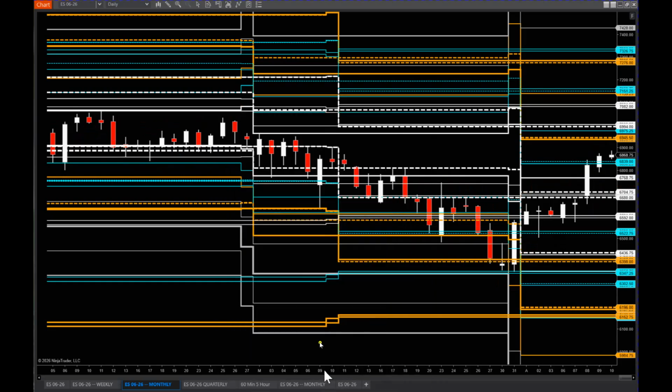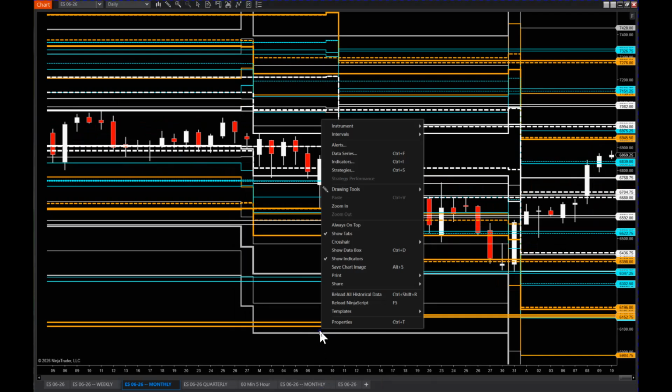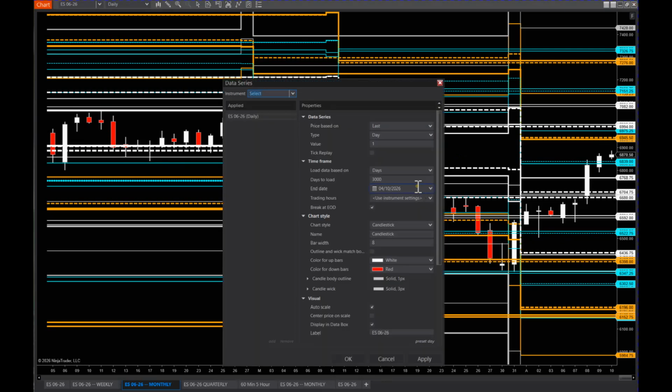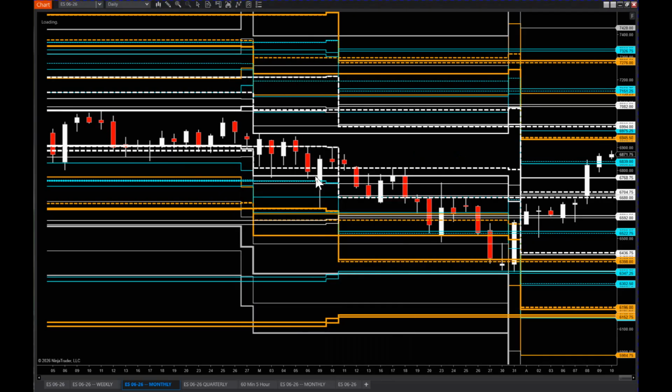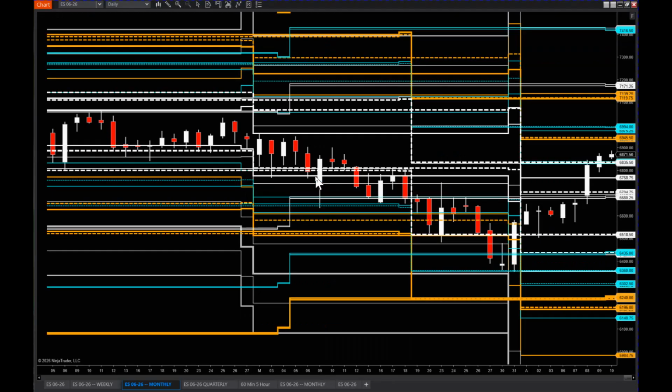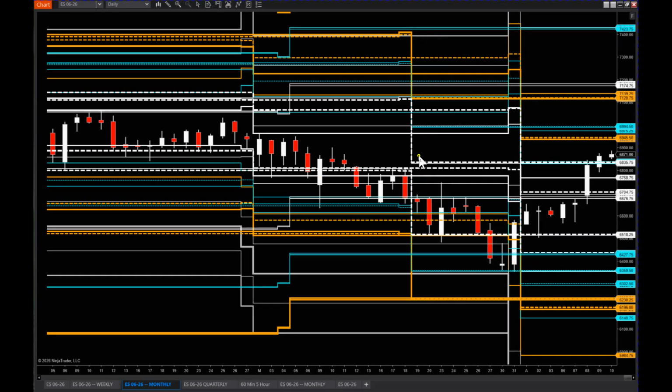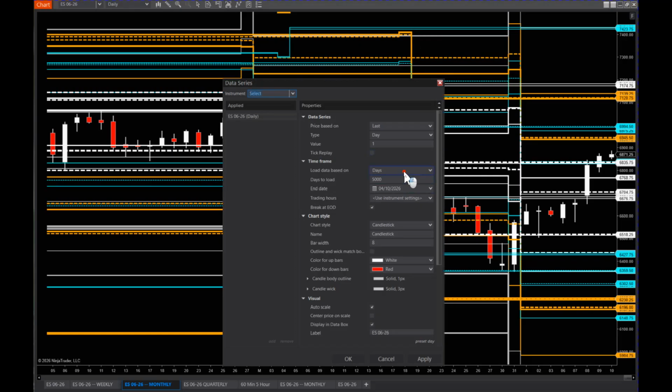And when you use this much data, you really want to make sure that you're putting the right number of days to load. So I've got 3,000. You can change it from 3,000 to 5,000, or 1,000.